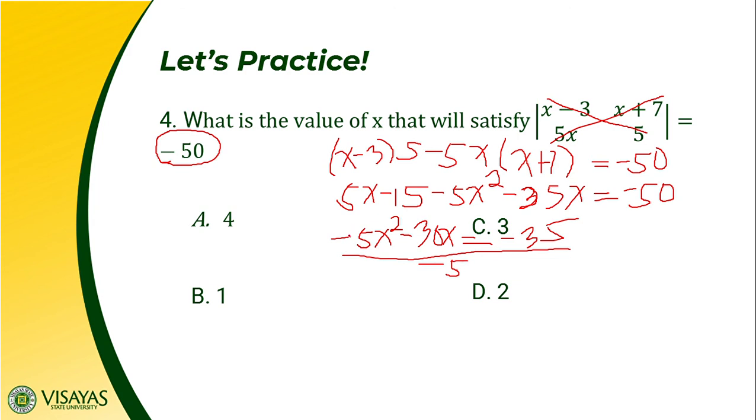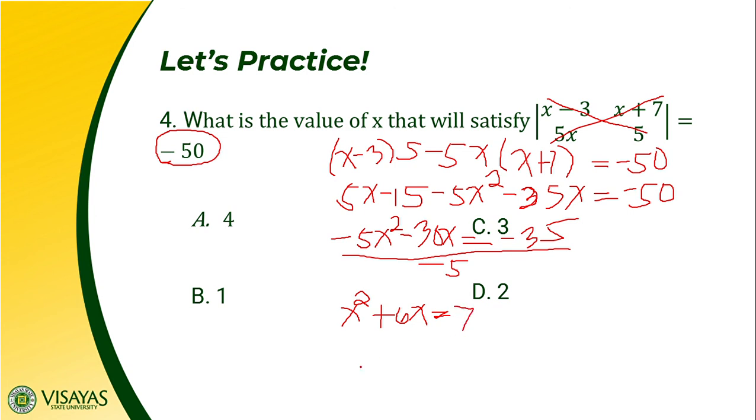Negative 5x squared divided by negative 5 is x squared, and negative 30x divided by negative 5, that is positive 6x. So this is equal to negative 35 divided by negative 5, that is equal to 7.